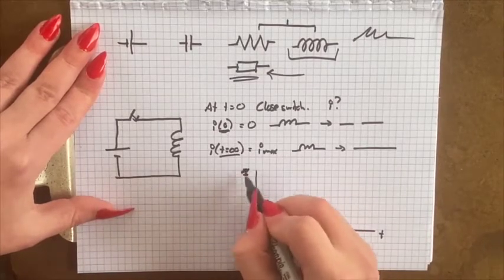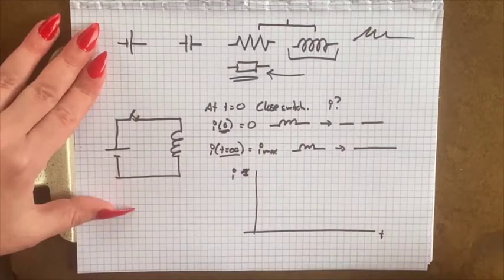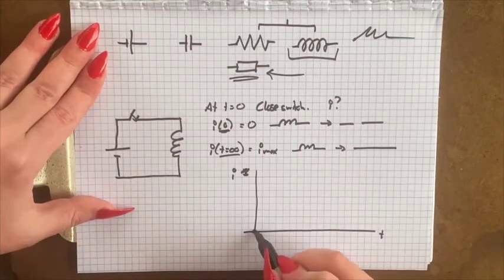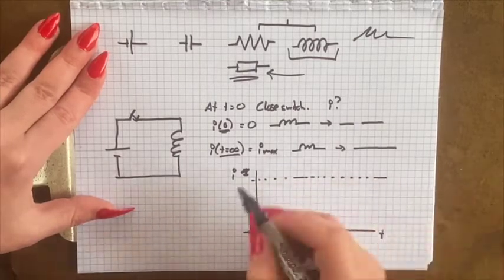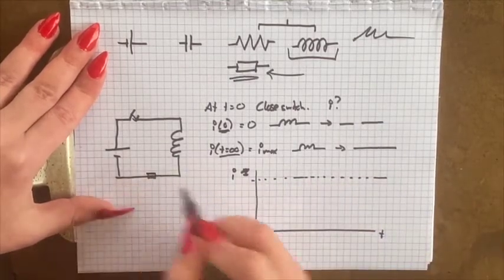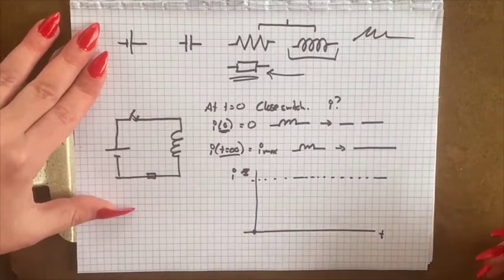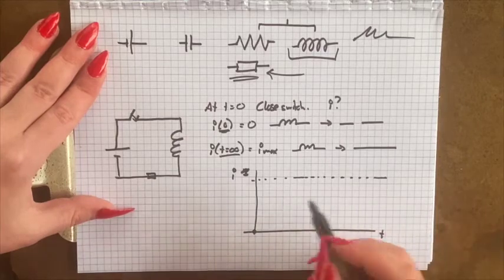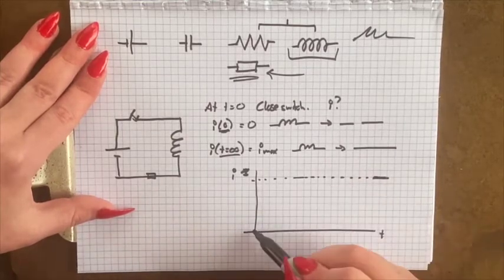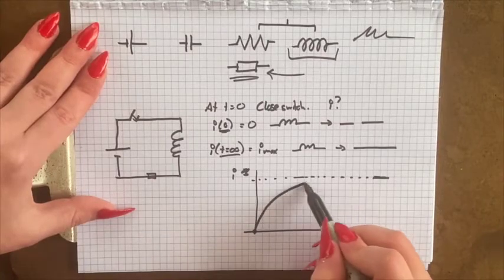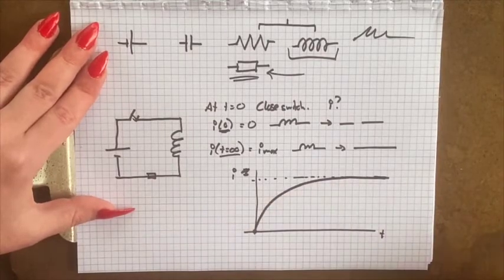So let's say this is the current, and I'll keep lowercase for consistency. I know here it's 0, and here, let's say this is I max. And this can be determined by resistances in the circuit, right? The inductor might have an internal one, or maybe we've got just an RL circuit right here. So I know that this has to be true at 0, and this has to be true a long time later. And by experiment, we get a curve that looks a little bit like this.